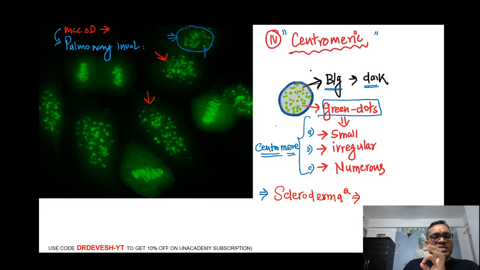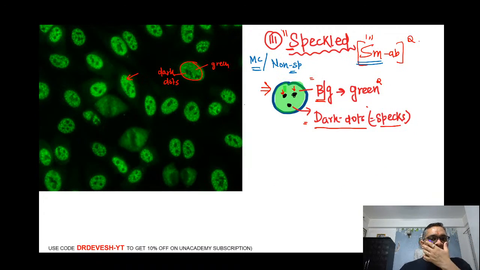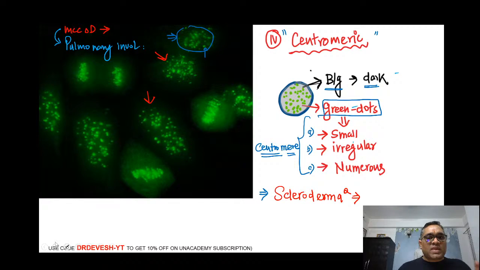Always remember, in centromeric pattern the background will be dark. There will be green dots, and these green dots will be small, irregular, numerous. Now compare to the speckle pattern. In speckle pattern the background is green and there are dark dots. In centromeric pattern the background is dark.